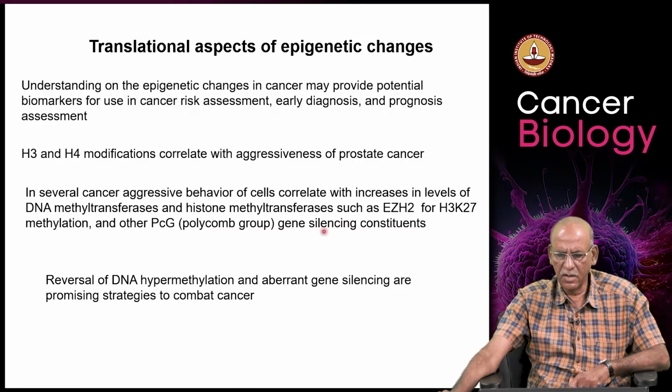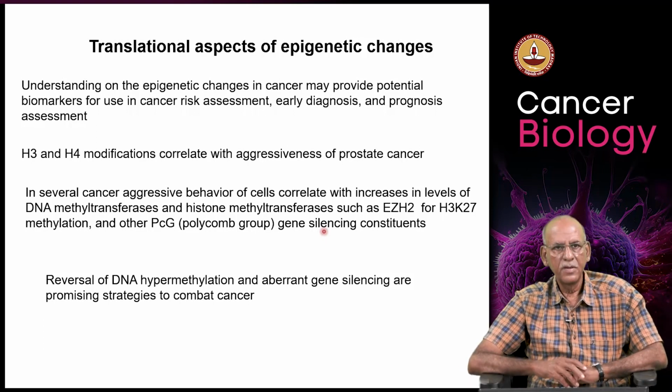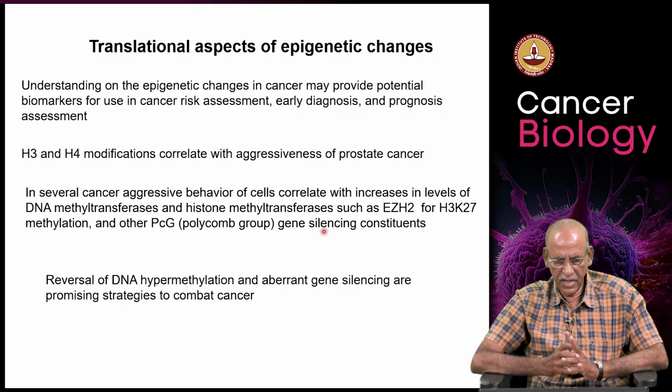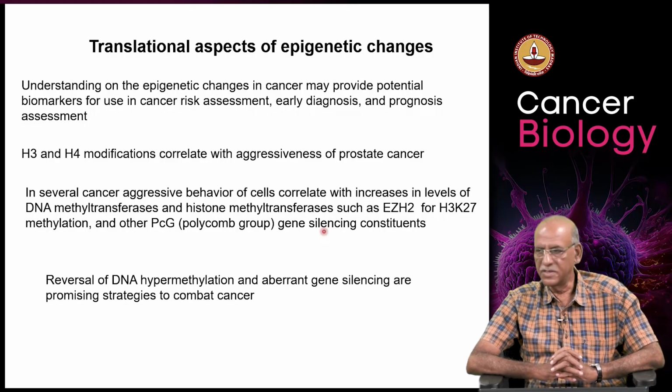I already talked about polycomb proteins. So, these are some examples. Reversal of DNA hypermethylation and aberrant gene silencing are also helpful, because if you reverse, I told you it is reversible.